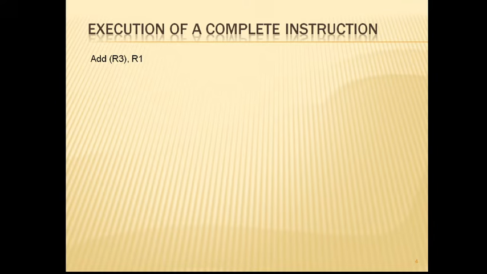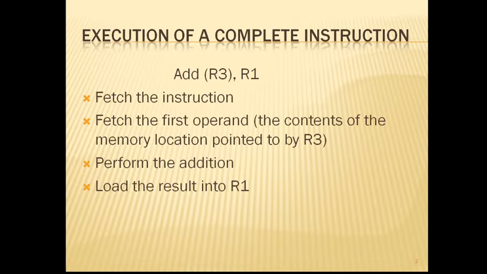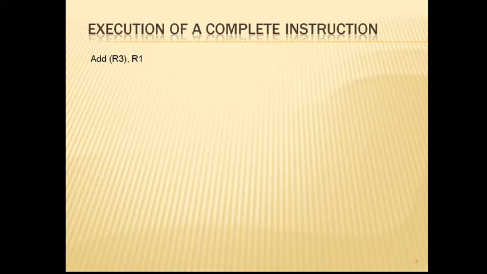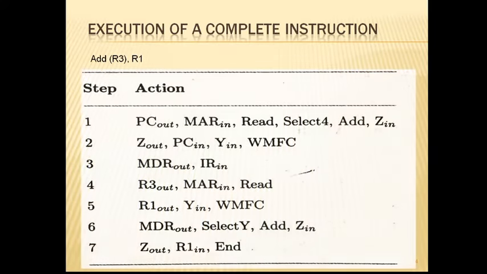So these four actions can be written in the form of a sequence of control steps as follows. You can see in this figure, it is figure number 7.6 from the textbook. It is the control sequence of execution of the instruction add (R3), R1.